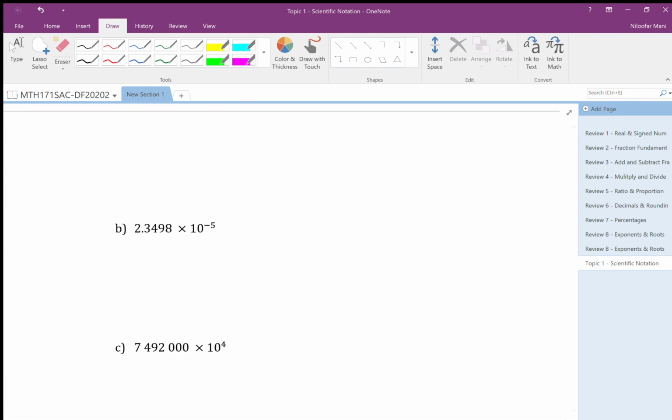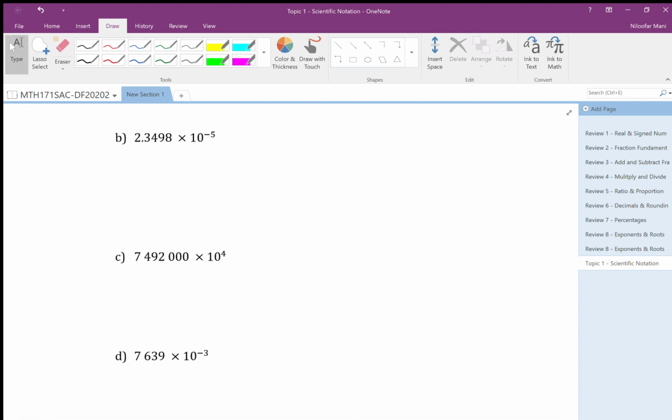So how about here? Tell me. Here, because it's negative, I go to the left. How many? 5 to the left. So it is 2.3498 times 10 power minus 5.